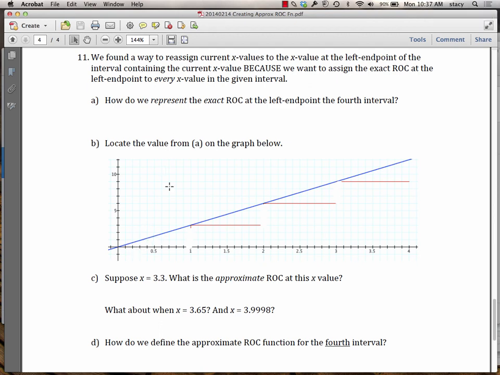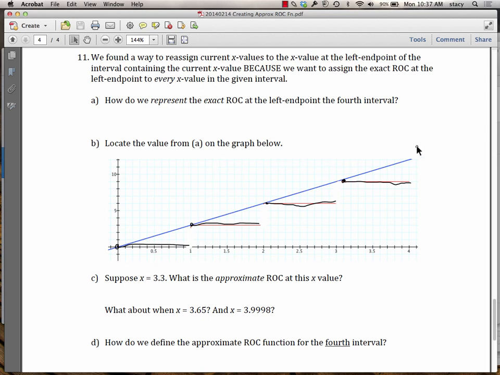So I decided to start at a equals 0. I've got a delta x interval of 1 here, and then delta x interval of 1, delta x interval of 1, and I'm using the left endpoints. So how would I represent the exact rate of change at the left endpoint of the fourth interval?